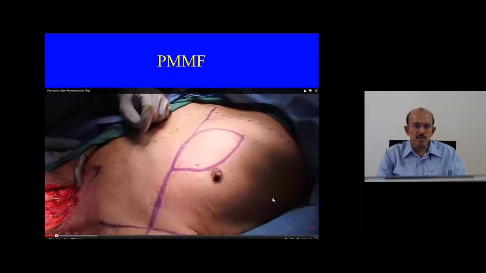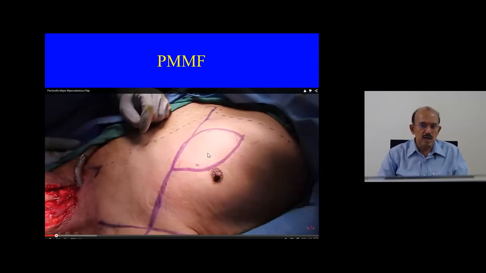This is another example of flap. This is called pectoralis major myocutaneous flap. So there is a defect here over the face. What you do is you want to take this graft along with the island of skin, the underlying pectoralis major muscle, and if you want, you can take even the ribs also along with this.